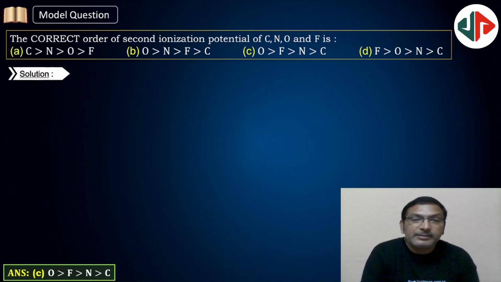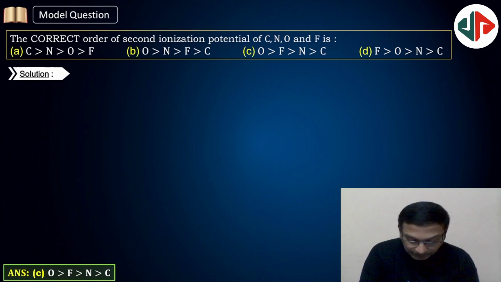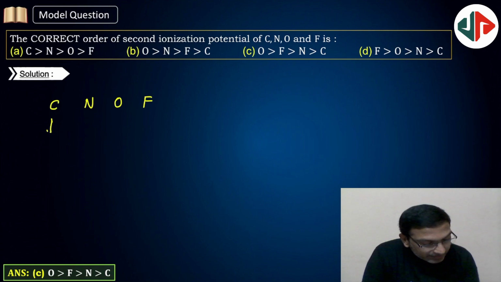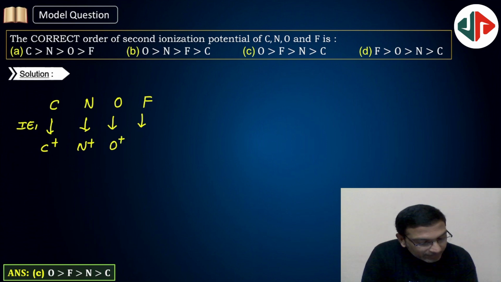The correct order of second ionization potentials of C, N, O, F. After removal of the first electron, carbon, nitrogen, oxygen, fluorine become, after IE1, C plus, N plus, O plus and F plus.